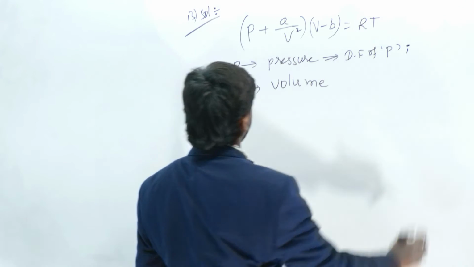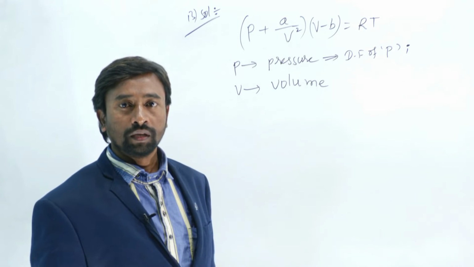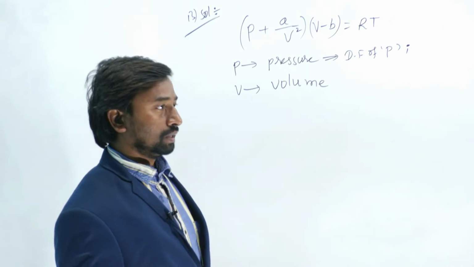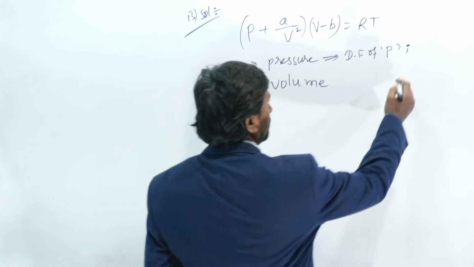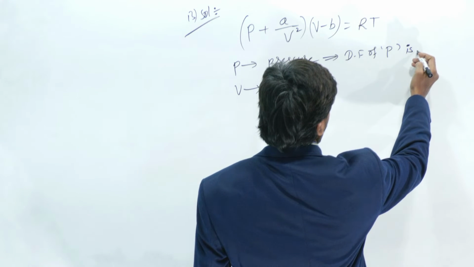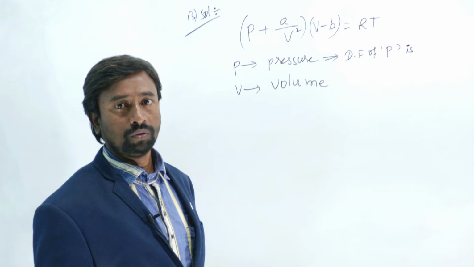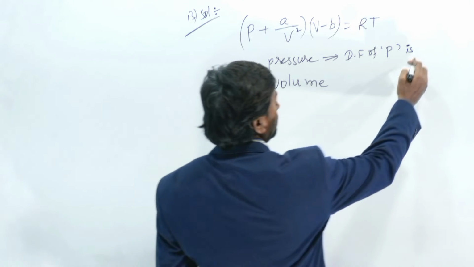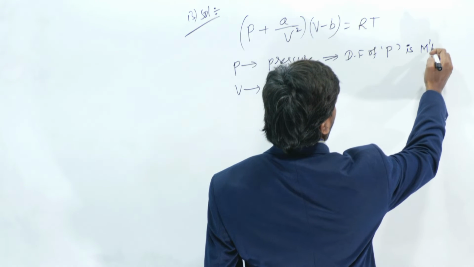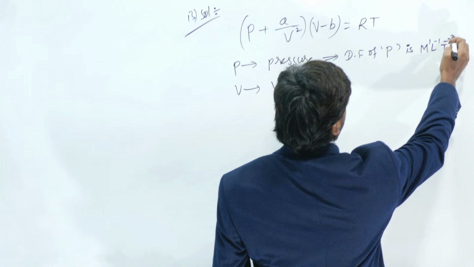And the dimension formula of pressure, here we can write, is nothing but force per unit area. Force is Newton, which is M power 1, L power 1, T power minus 2, divided by area. The area dimension formula is L square. So we get M power 1, L power minus 1, T power minus 2.